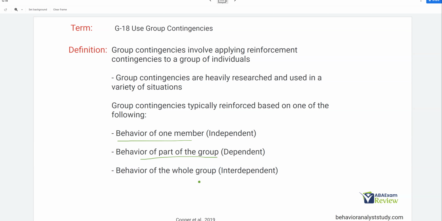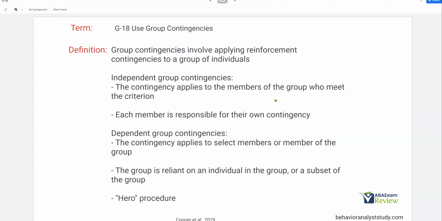And then the behavior of the whole group, where all have to complete the contingency. That is our interdependent. The main difference here is with an independent contingency, each person in the group is responsible for meeting the criterion. With the dependent contingency, the whole group is relying on one person or a set of people to meet that criterion. So let's get into each one more specifically.